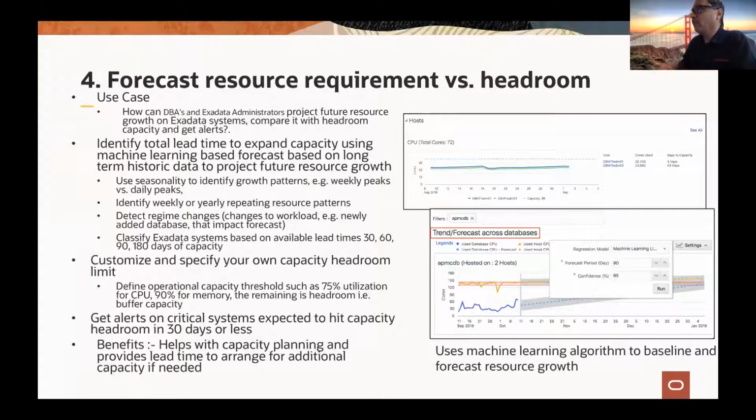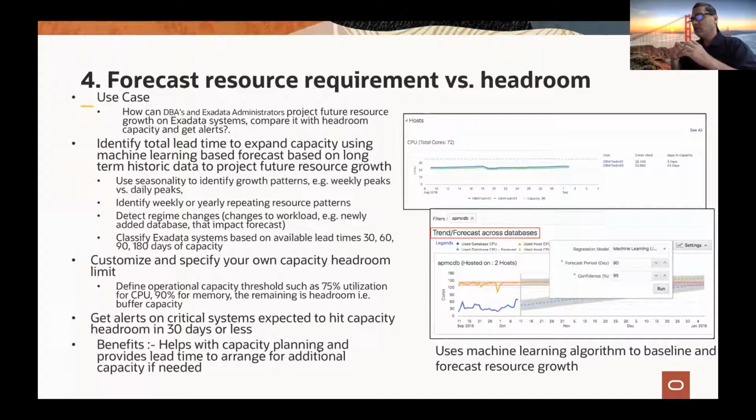Out of the box, we forecast on the four resources: CPU and memory of the compute nodes, IOPS of the Exadata storage server, and the physical space. It's based on machine learning. We also take care of seasonality, and you should keep in mind the seasonality of your workload, when the weekly peaks happen, when the daily peaks happen, and identify any repeating resource patterns.